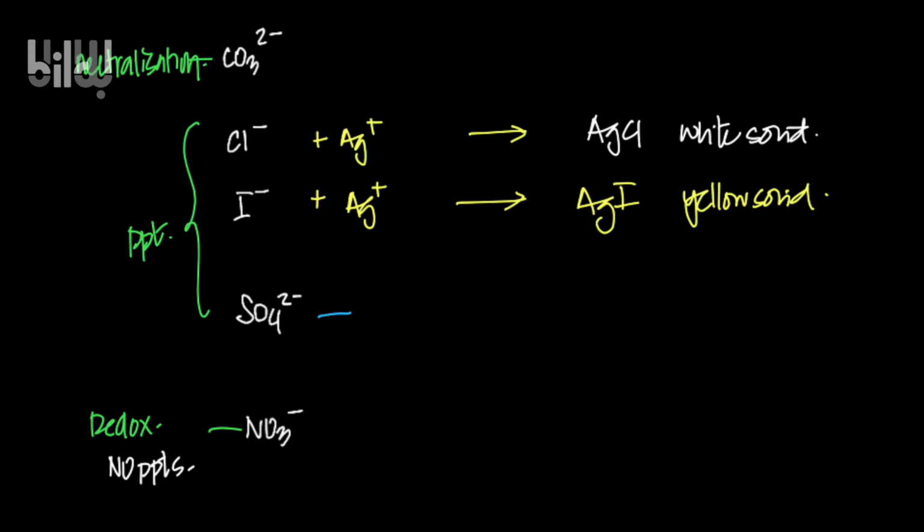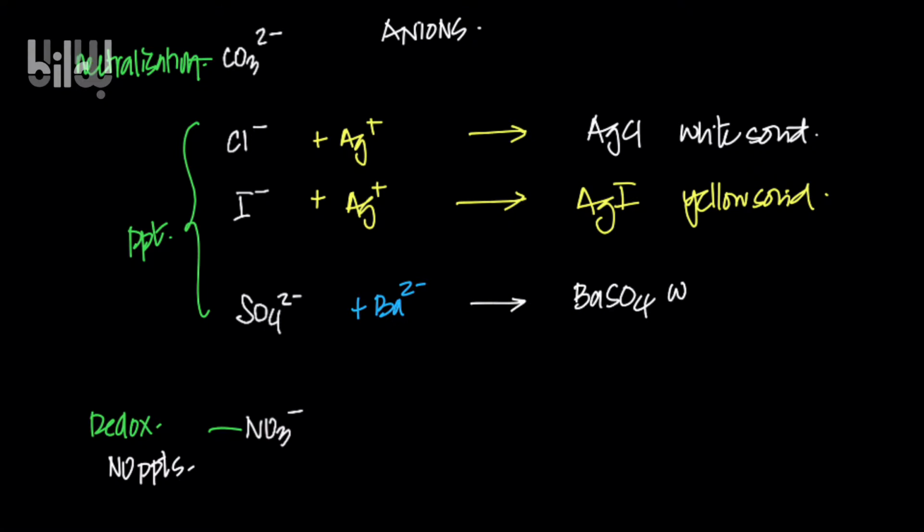Then for sulfates we use barium to test for sulfates. I'm just showing you the anion list now. So the anion list, we're going to use these reagents to test for them.